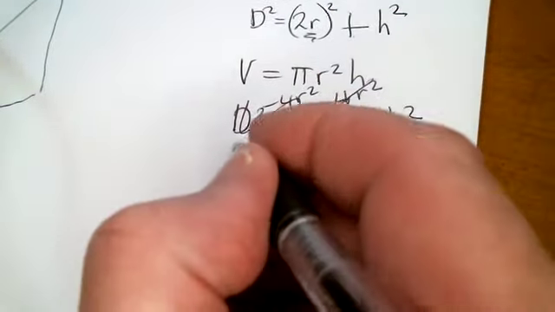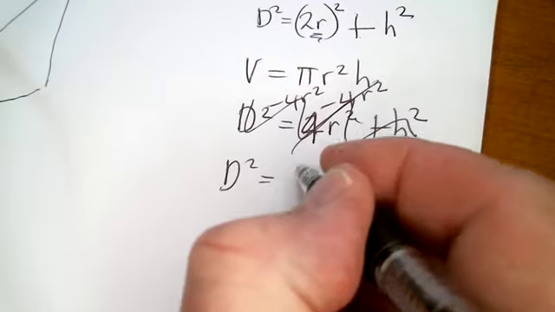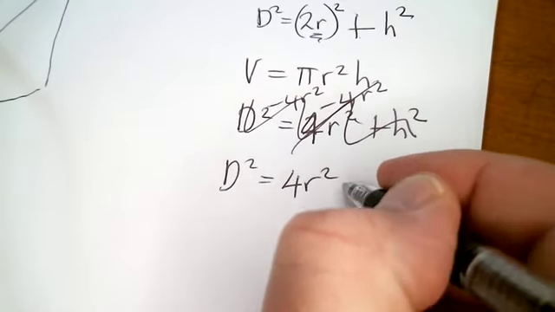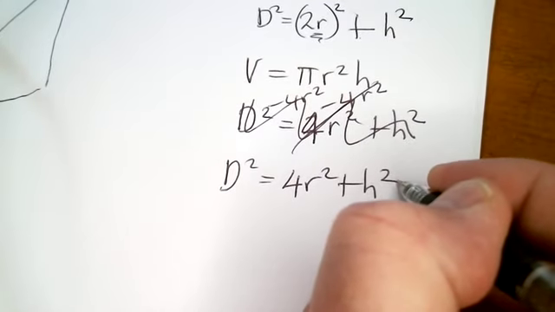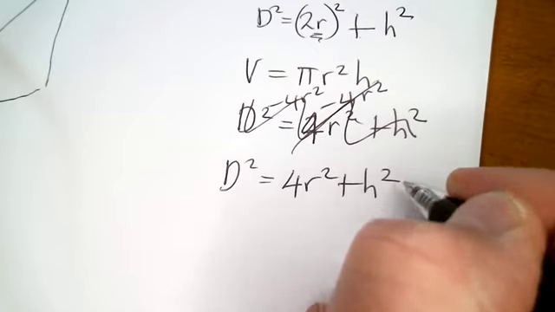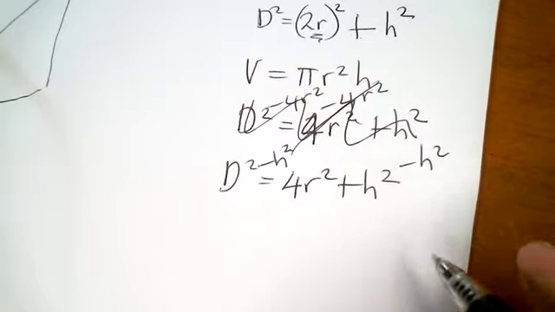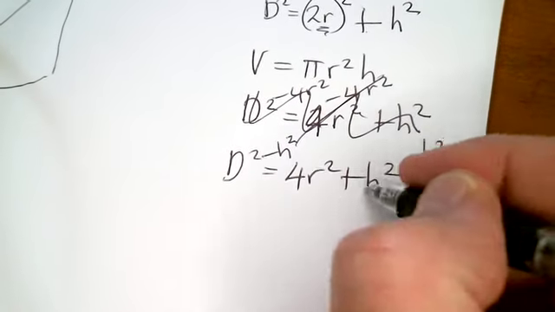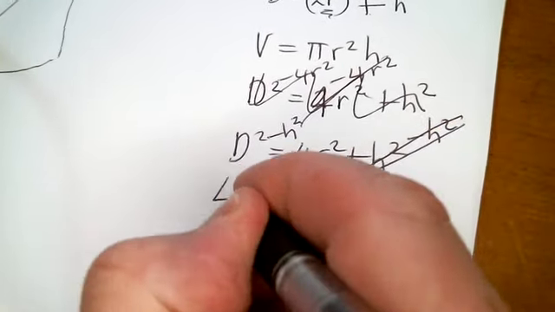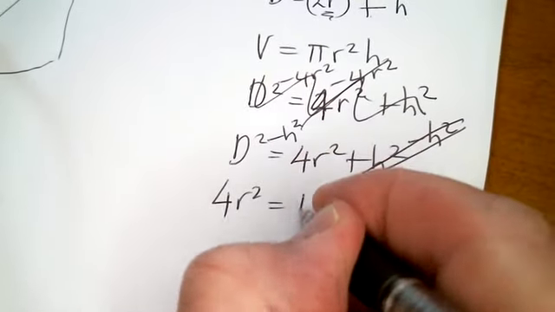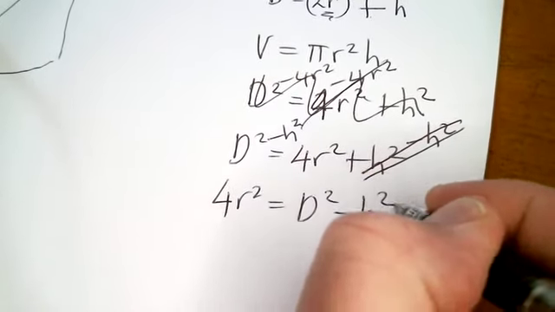So here we go. We're going to have d squared equals 4r squared plus h squared. So I'm just going to subtract h squared. That's the best way. Sorry, I'm teasing this out as I go along. So h squared is on the other side now. I'm going to have 4r squared is equal to d squared minus h squared.